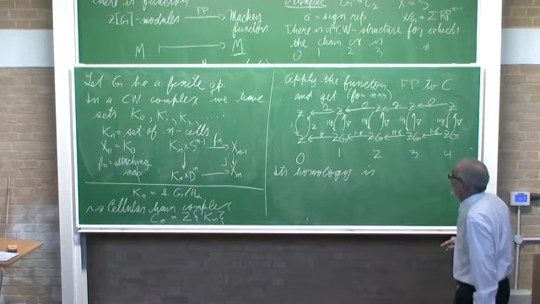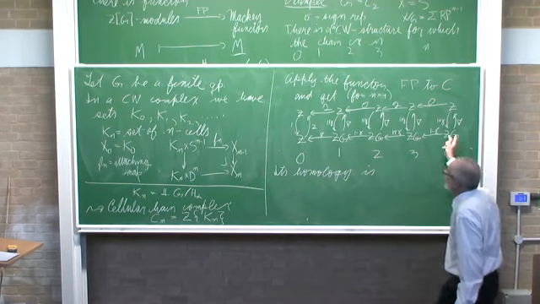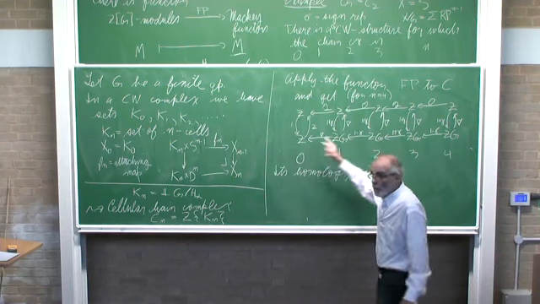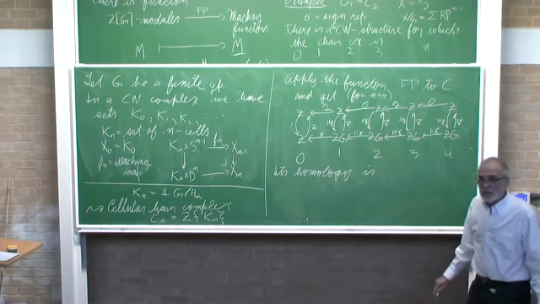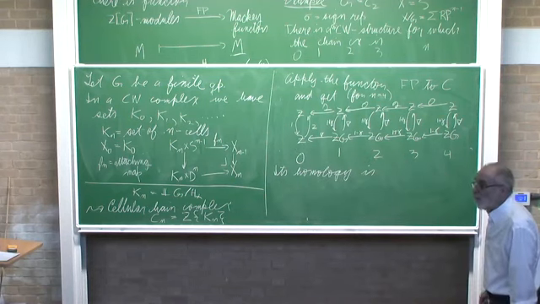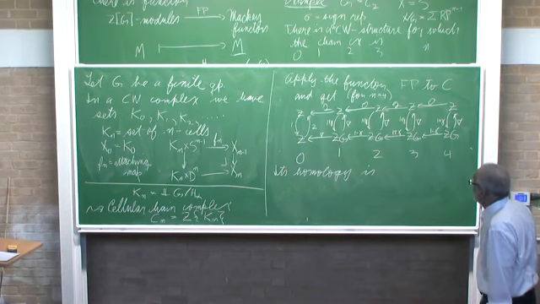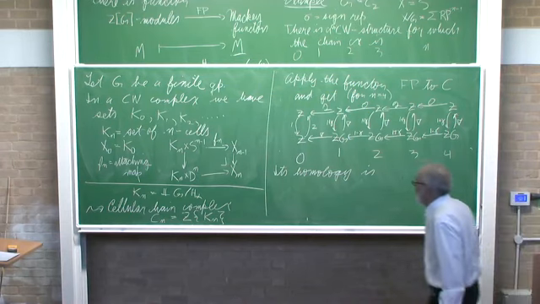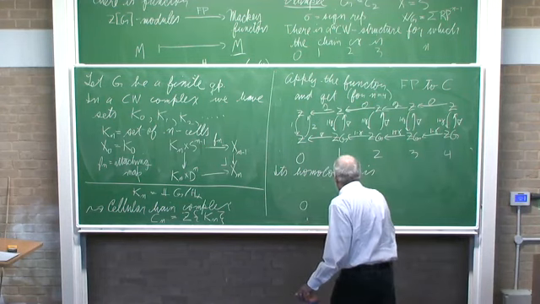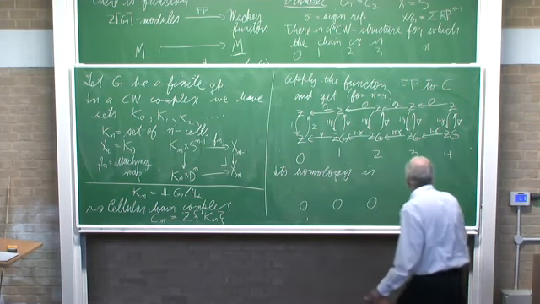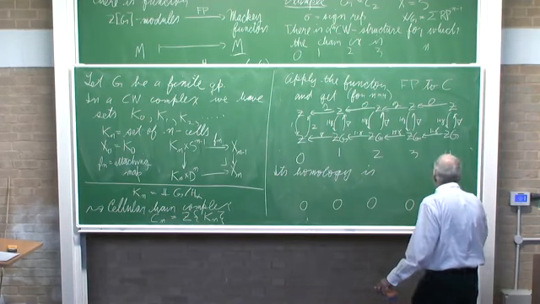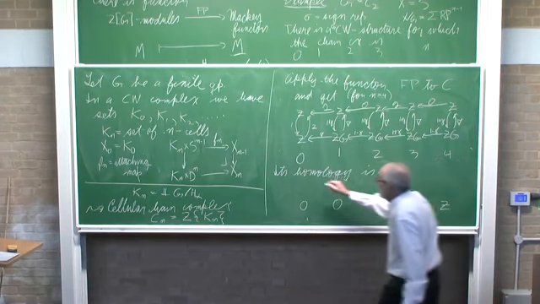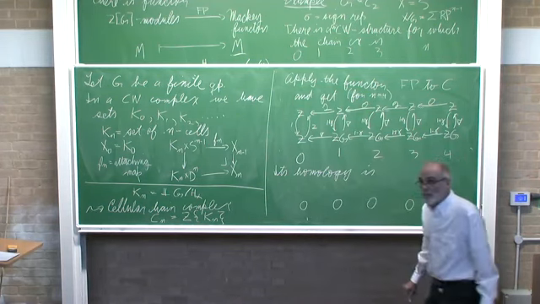Okay, now let me point out that the bottom row is merely the cellular chain complex that we had before, and its homology is the reduced homology of the 4 sphere. So it looks like this. That's the bottom row.